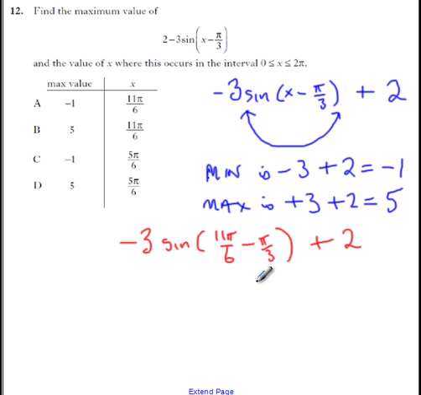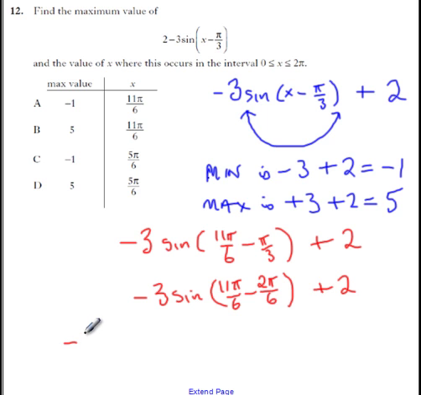Pi by 3 can be rewritten as 2 pi by 6. So in the brackets is 11 pi by 6 minus 2 pi by 6. So that's -3, the sine of the brackets, plus 2. Now 11 pi by 6 minus 2 pi by 6 is 9 pi by 6.